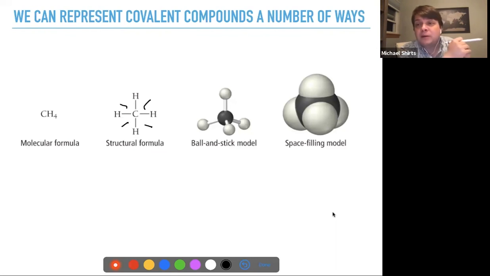The space filling model gives you a much better sense of exactly how they're interacting. So those are the four major ways that we would represent covalent compounds, each of which is good for different reasons. If you're just doing stoichiometry, having to draw space filling models is pretty silly. So different compounds in different ways.